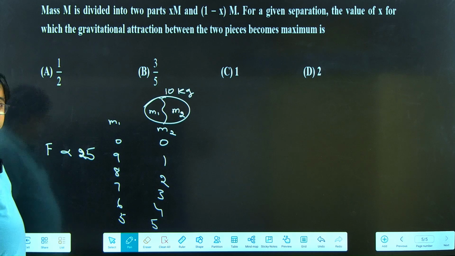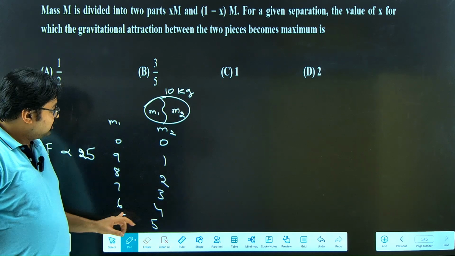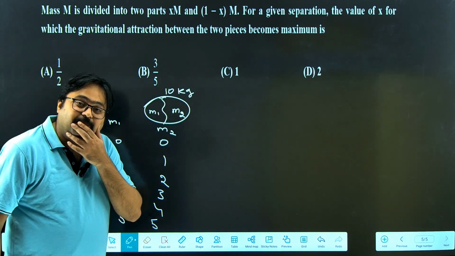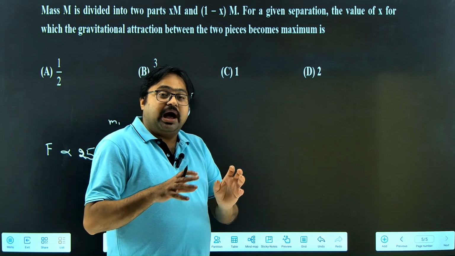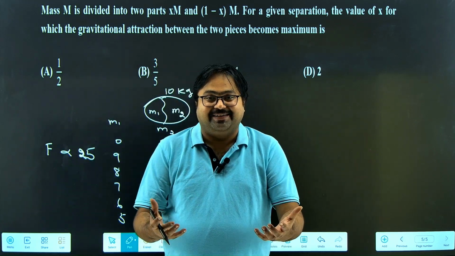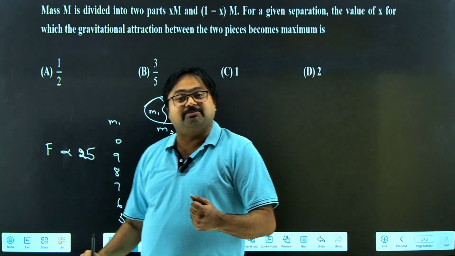That means the force has become maximum when these two are equal. That means m1 and m2 are equally heavy. So the fragments must be equally heavy for the force to be maximum between them.